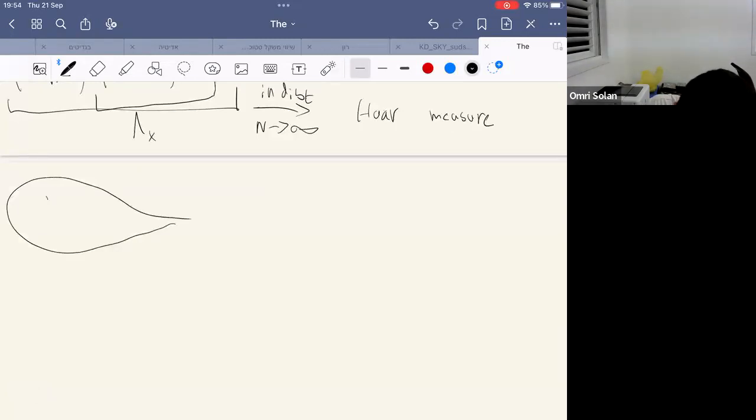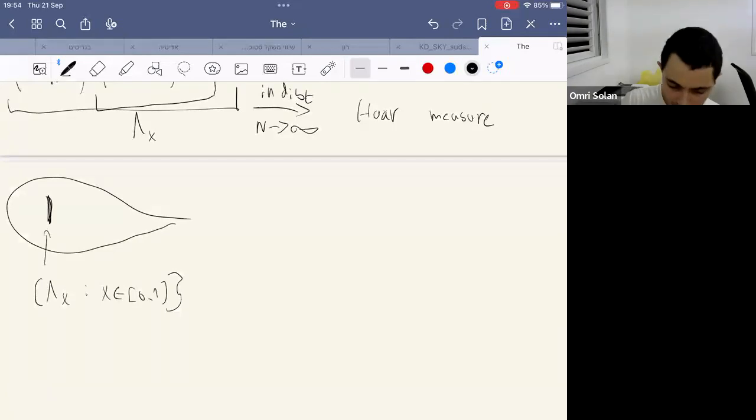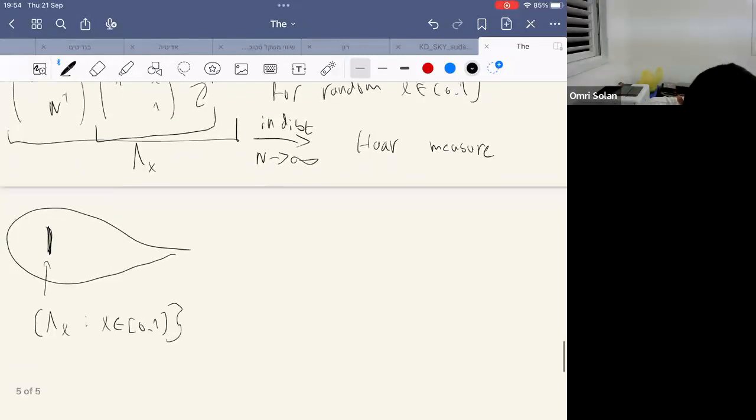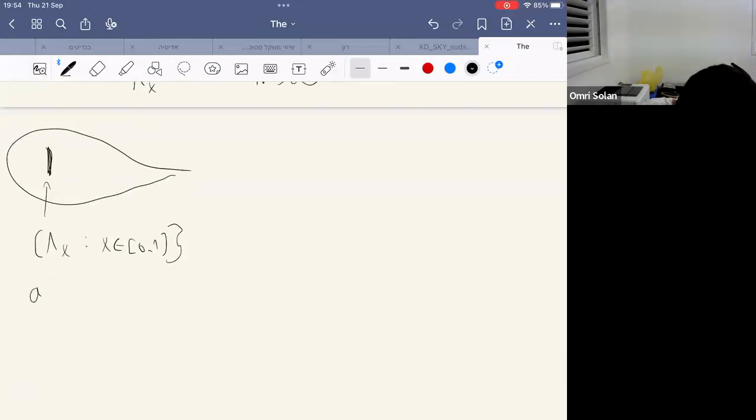And so we have this small curve of lambda x's, lambda x for x inside 0, 1. And then we apply to this moderate curve of length 1 the matrix n inverse.